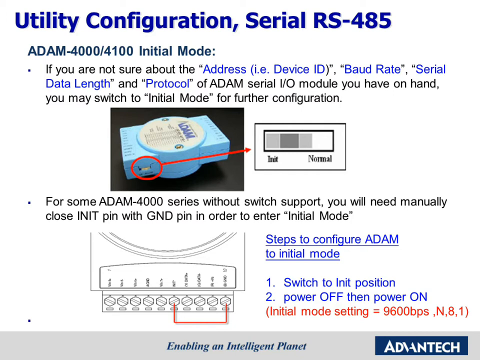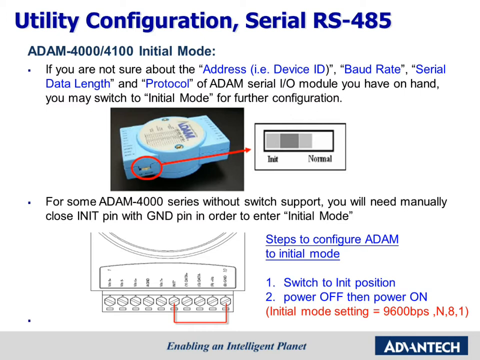After setting the switch to initial position, you have to power off and power on to configure the module to initial mode. For some ADEN 4000 series without switch support, user will need to manually close initial pin with ground pin in order to enter initial mode.